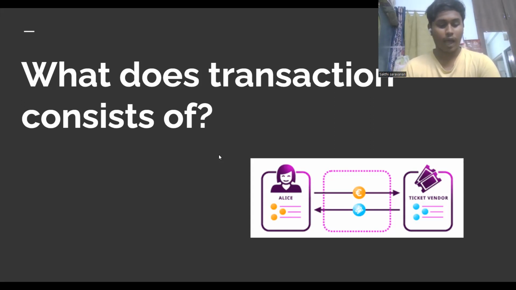In this scenario, Alice's Bitcoin holdings are the input. The public address of the ticket vendor is going to be our output. Then the transaction, when it gets completed, will be broadcasted to the network, where a miner will come and be incentivized to verify it and add it to the blockchain ledger.